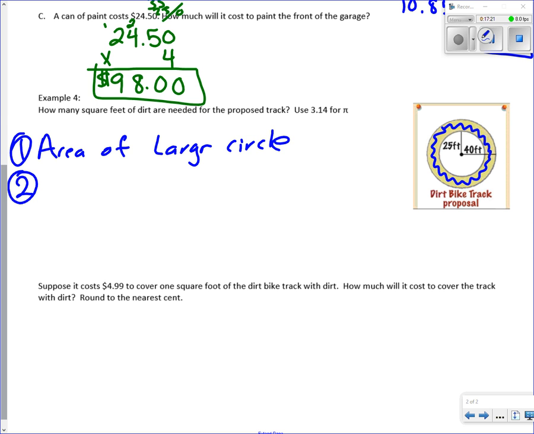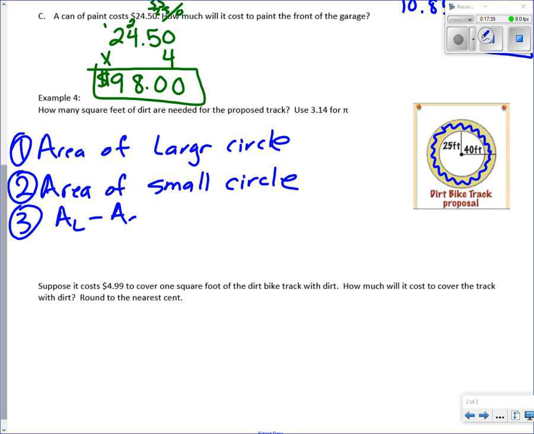Then our next step is area of the white circle, the little small circle. And then our last step is subtracting. So area of large circle minus area of small circle equals the area that we're looking for.